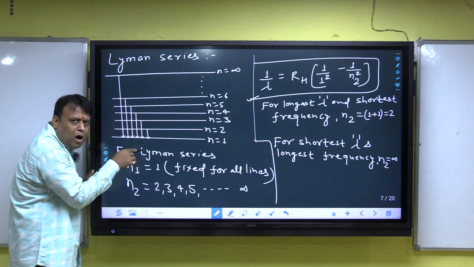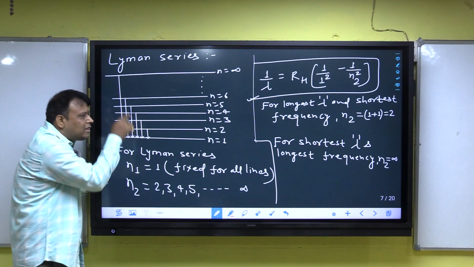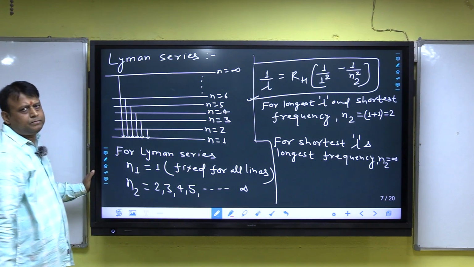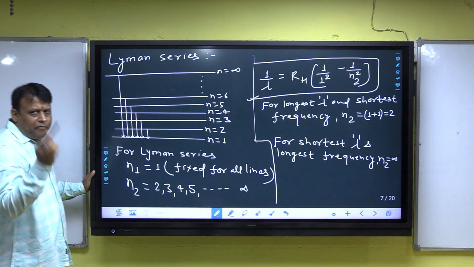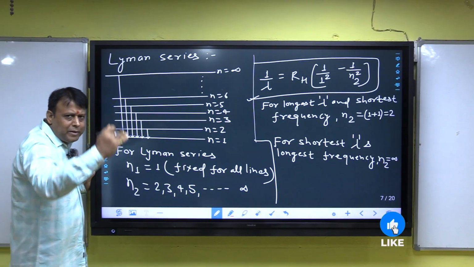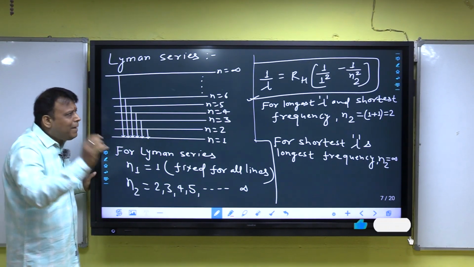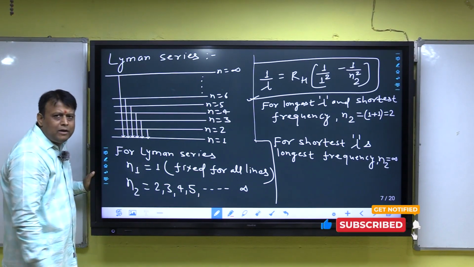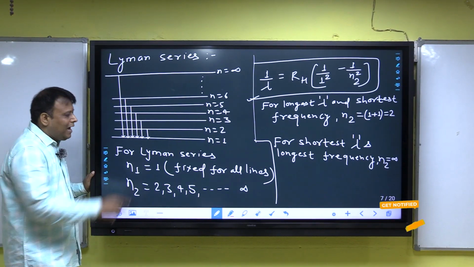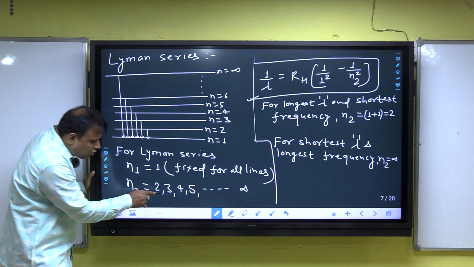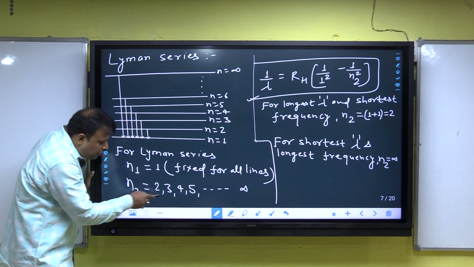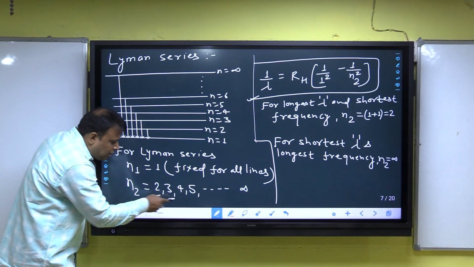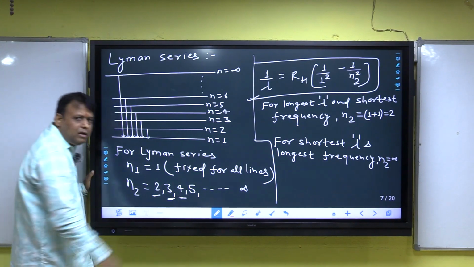The second line comes from the third orbit. The third line comes from the fourth orbit. For an MCQ, the first line of Lyman comes from the second orbit, and for the first line the value of N2 is 2. For the second line, the value of N2 is 3, and N1 is fixed. N2 is 2, 3, 4, 5: 2 for the first line, 3 for the second line, 4 for the third line.